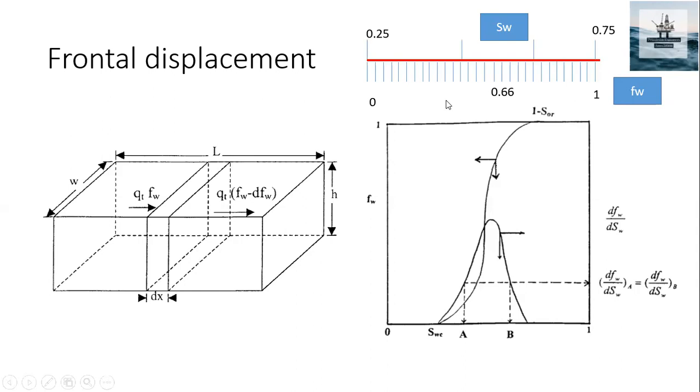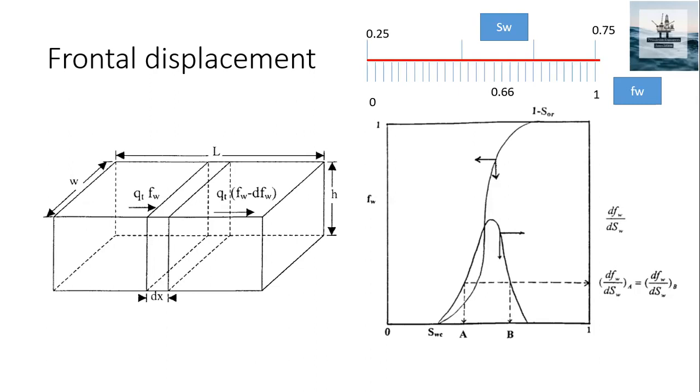But at the same time, fractional flow of water, FW, can be measured: at connate water saturation the value of FW will be zero, and at residual oil saturation the fractional flow of water will be equivalent to 100%. That means you can understand it lies in between connate water saturation and residual oil saturation. If you go deeply into the reservoir concepts, you can understand what is actually happening between these two points.